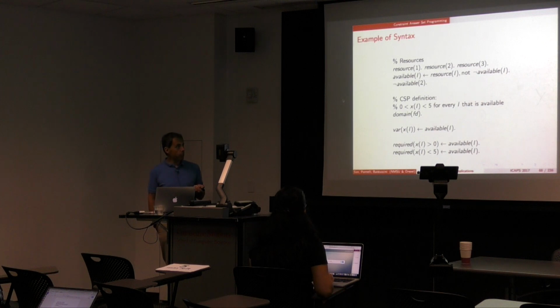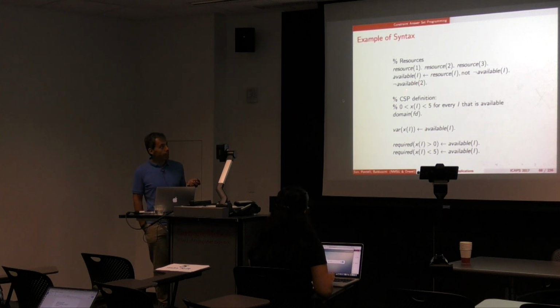And then every resource that's not explicitly stated as not available will be assumed to be available up here. I is available if I is a resource, and I have no reason to believe that I is not available. This is highly ASP style of representing knowledge. This exploits non-monotonicity of ASP.